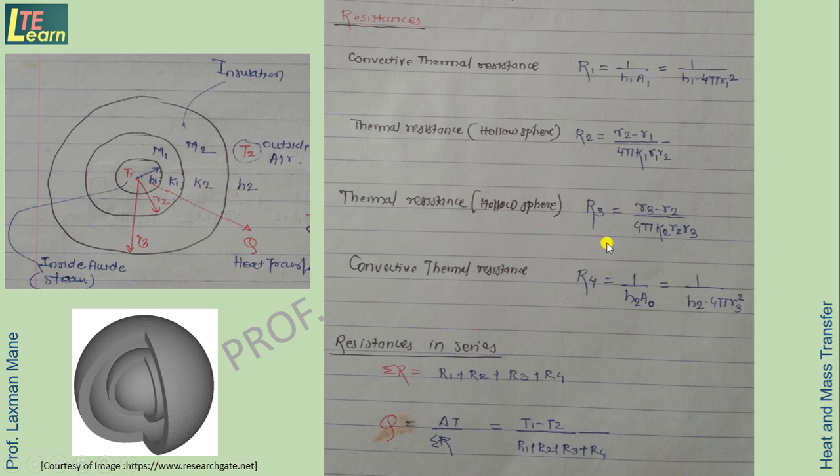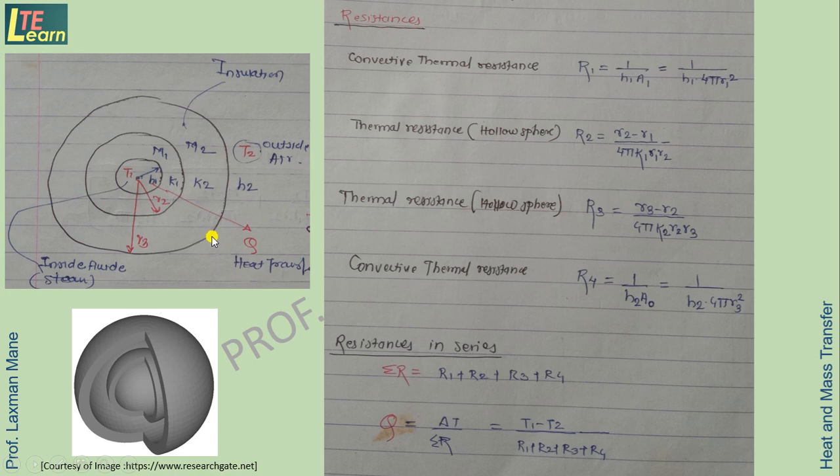Its resistance can be written as R3 equal to radius r3 minus radius r2, divided by 4 pi K2, the corresponding thermal conductivity, into the product of r2 and r3. Next, the fourth resistance is for the outside medium.